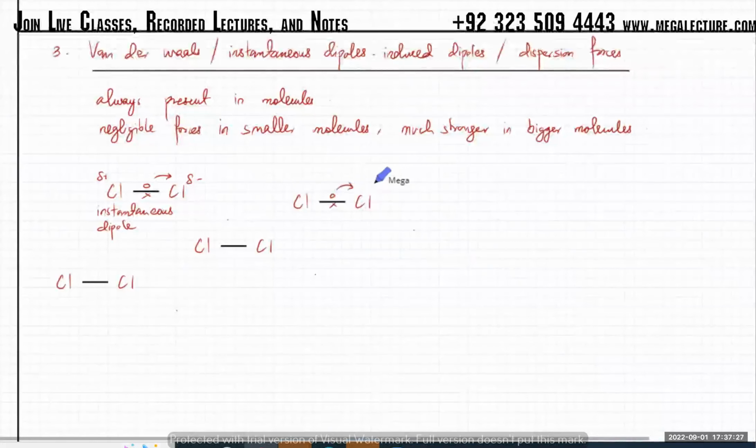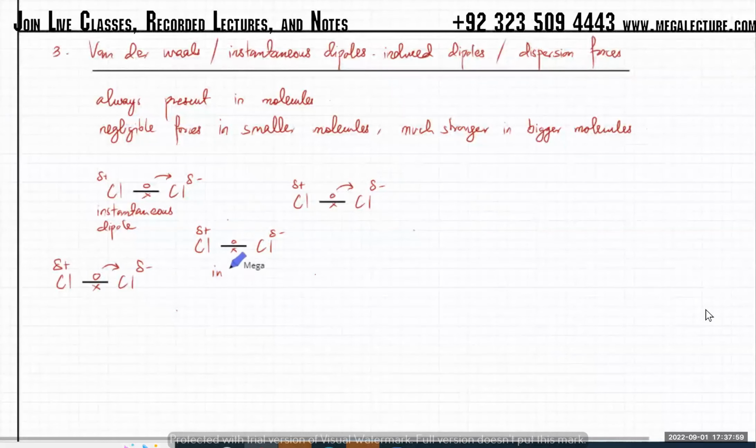And that will get a dipole induced on it as well. ठीक है. अच्छा, ये वाली side positive है, तो it will attract electrons from the other molecule, neighboring molecule, so its electrons will get attracted to this side and this side will become positive. ये positive है, so it might attract electrons from the neighboring molecule and the electrons will be towards one side compared to the other side. And वहां पे एक side negative होगी, the other side is positive.